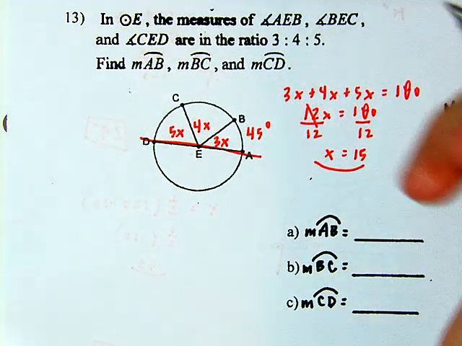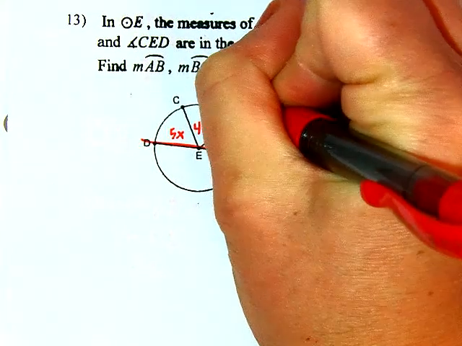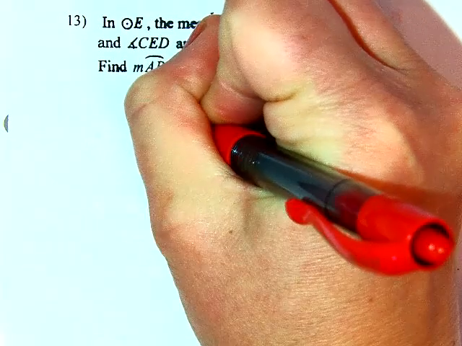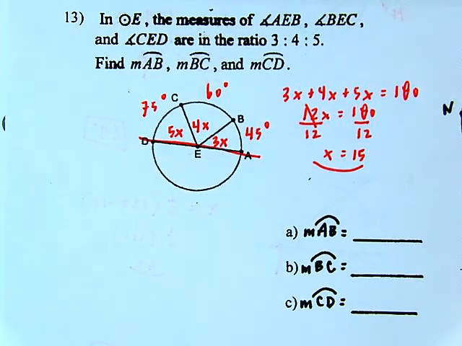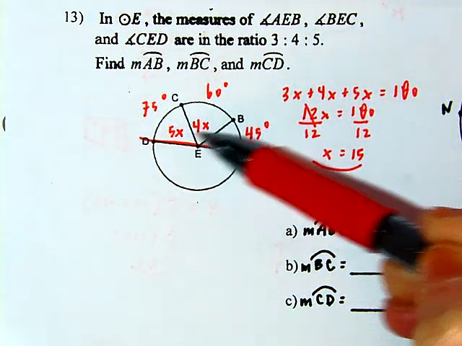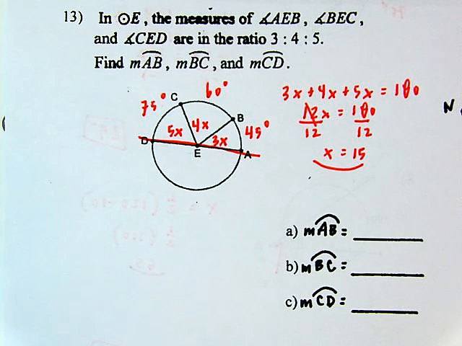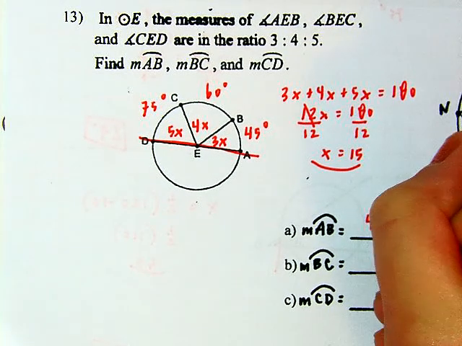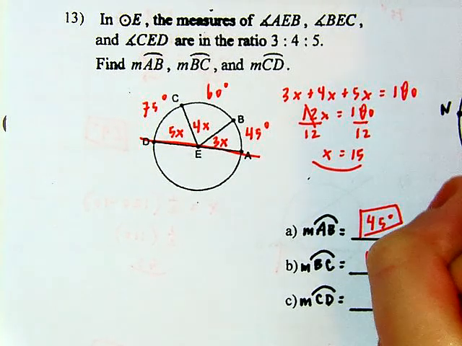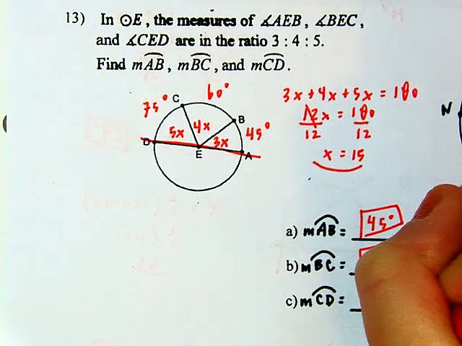The next one over, 4 times 15 would be 60 degrees, and 5 times 15 would be 75 degrees. So I can see that these three arc measures would be the same as the angle measures as well, and they sum to 180. All right, so now just filling in my gaps. The measure of AB would be 45 degrees, BC would be 60, and CD would be 75.